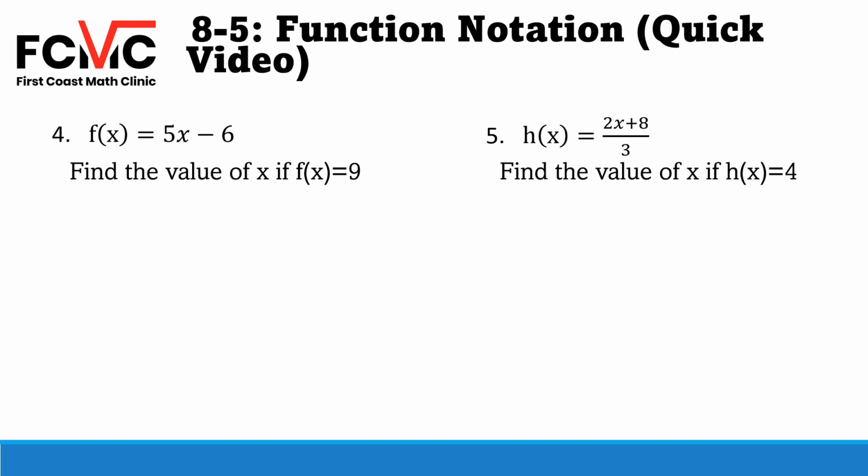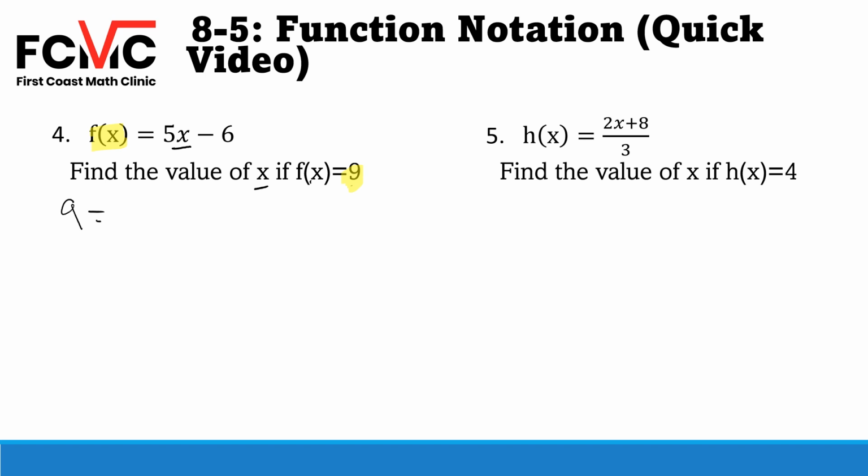So we can also work backwards, and if we know the value of our function, f of x, we can work backwards and solve for x. So for example, number 4, in our function f of x equals 5x minus 6, we know the value of f of x is equal to 9. So we know this entire function value is equal to 9. We want to figure out, well, what's our value of x? So to do that, we're going to replace the entire value of f of x with 9.